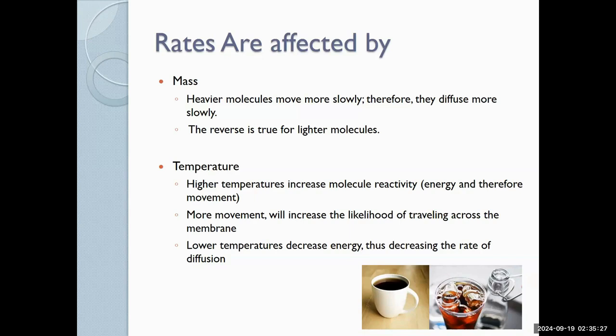Higher temperatures increase molecules' reactivity. Molecules are moving more quickly, and so they're more likely to cross the barrier more readily. My analogy at the bottom of the slide here is showing how sugar in hot tea will dissolve much more quickly than sugar in an iced tea, which tends to just sit at the bottom of the cup.